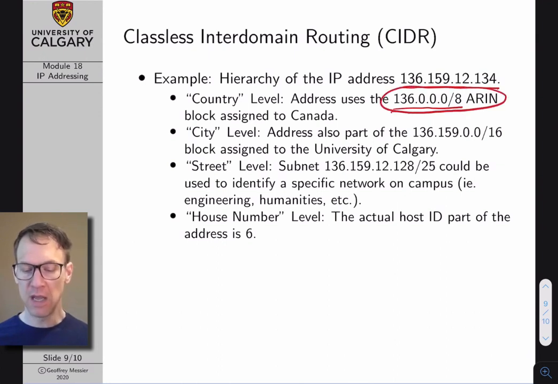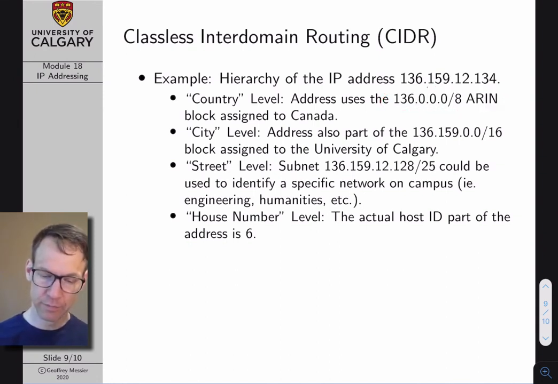And so it'll have an entry in its routing table saying all packets that start with the 8-bit network ID 136 are Canadian packets, and it will just send that packet along some big network interface, like some big fiber optic trunk that runs from Brazil in the direction of Canada, probably via the United States. And so that's our country level address.